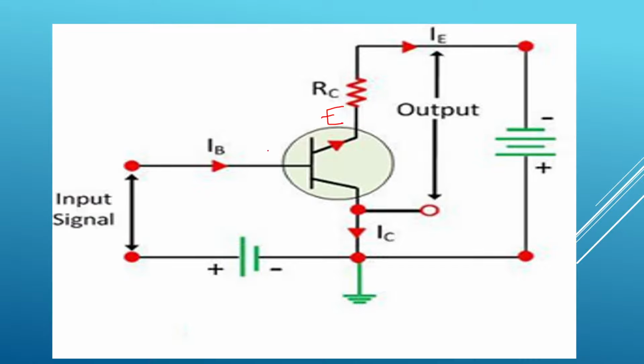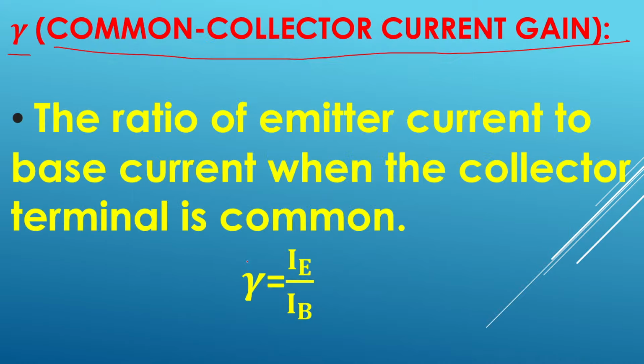This is the base terminal, and this is the collector terminal. This collector terminal is common to both input as well as output. For such a circuit, we can determine the common collector current gain.